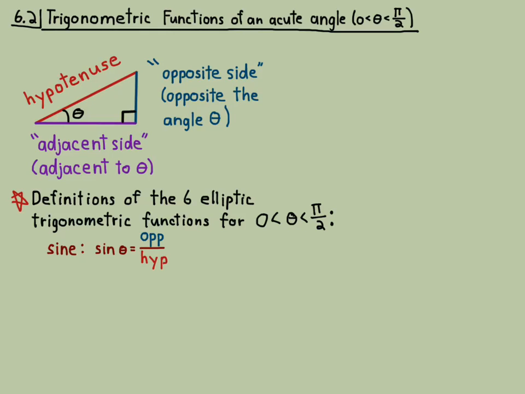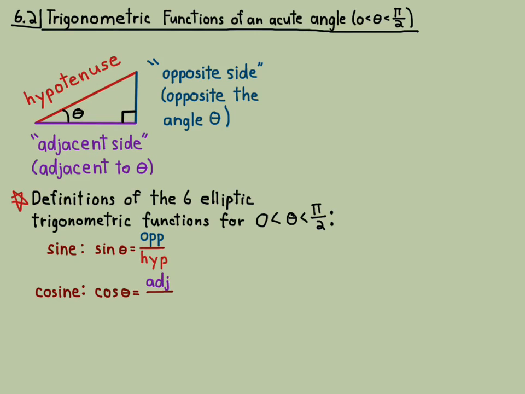All of the trig functions have 3-letter abbreviations, at least all of the circular ones do. So sine theta is, by definition, the opposite over the hypotenuse. Now, this is going to be the same no matter how big the triangle is, as long as that angle is the same, because of similar triangles, which we did in a previous section.